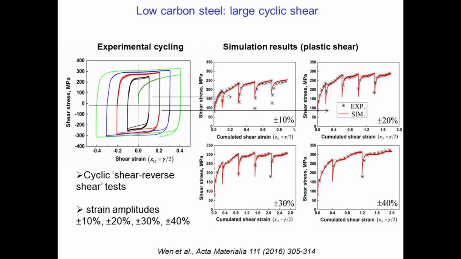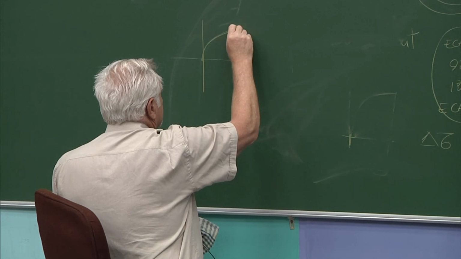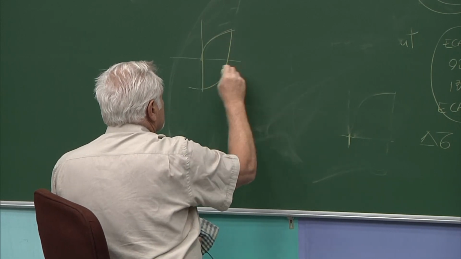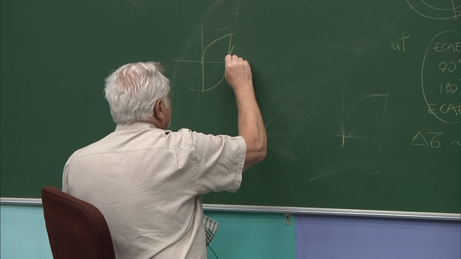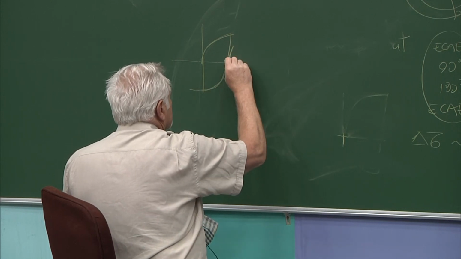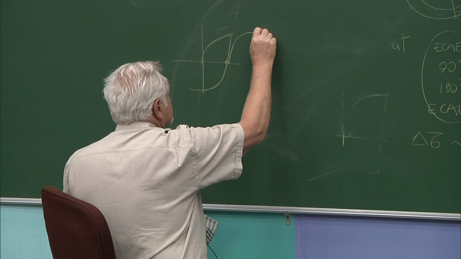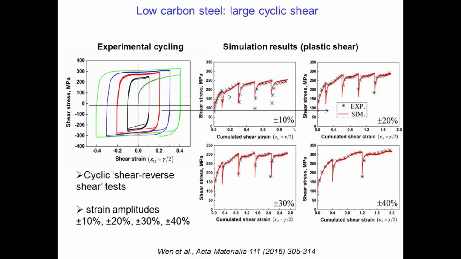Now, in those curves, what I have done is, if this is the load part and this is the reload, this part from here on was put there. Then you unload, and then you have this part. This part was put there.